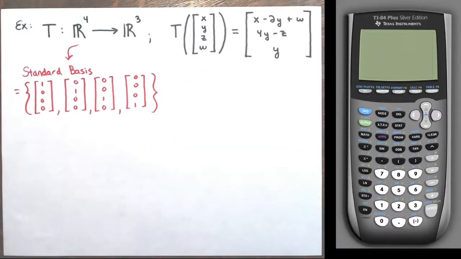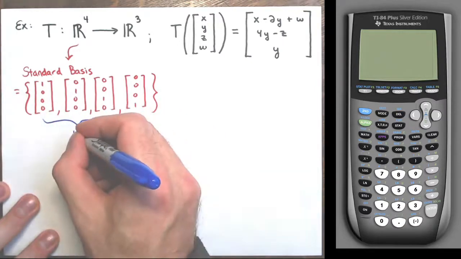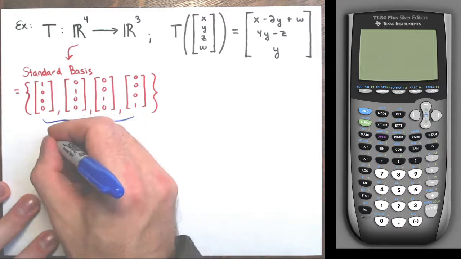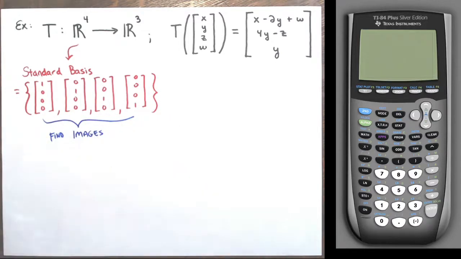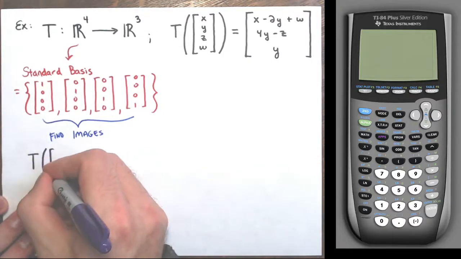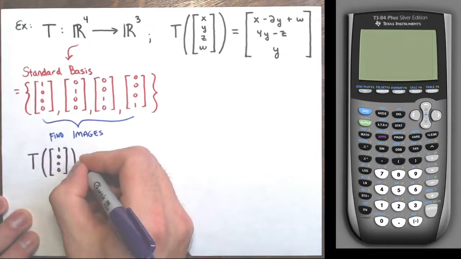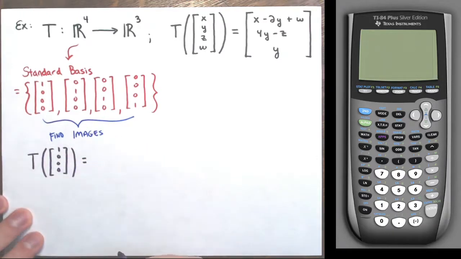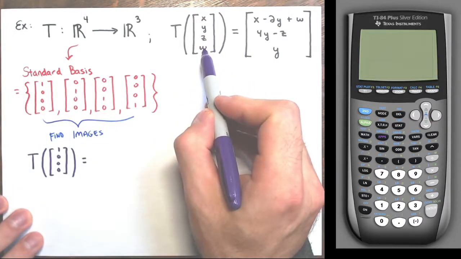Now we're going to find the images of each of these. So what's the value of T at that first standard basis vector, 1, 0, 0, 0? That's 1 for x, and 0 for y, 0 for z, 0 for w.